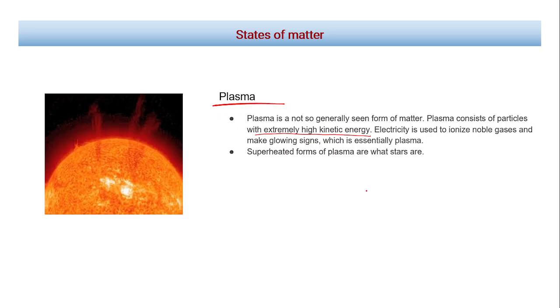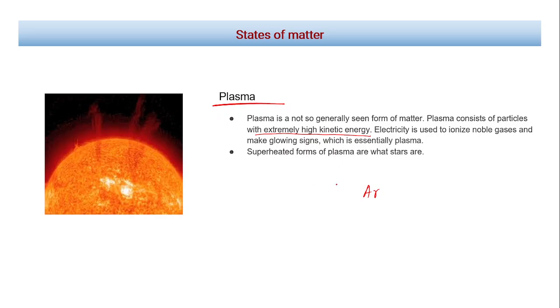There we use argon gas, a noble gas, and somehow make it highly energetic, and then we see a very nice purple color filling the chamber. That happens definitely not at normal temperature and pressure. We create very low pressure, and then provide high energy for that to happen.